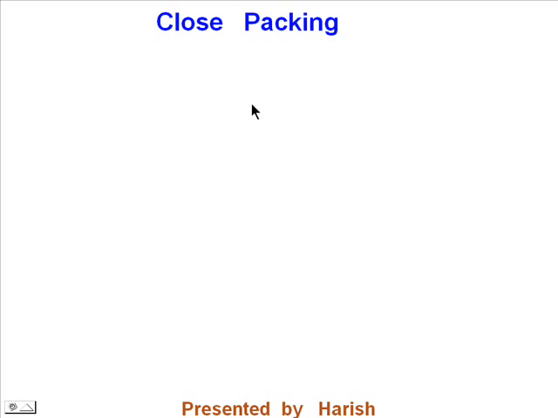Let's talk about this packing fraction. Close packing. This is close packing. So let's say I have tennis balls, where I have to fill a 3-dimensional space. So I have a tennis ball here. I want to fill your whole room.